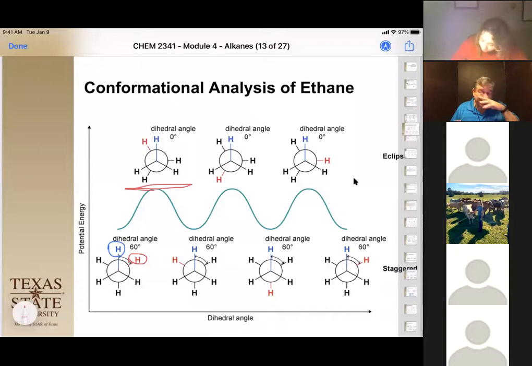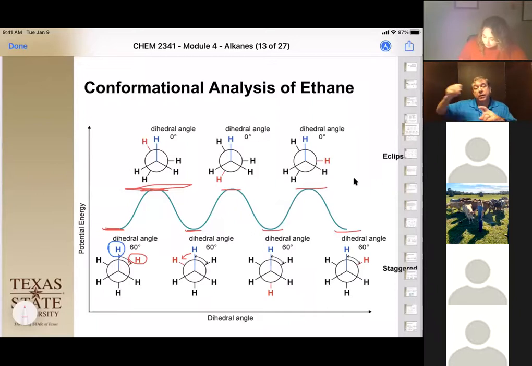And notice that change in potential energy. We went from the lowest possible potential energy to a high point, a high potential energy. Now, if we keep rotating that hydrogen counterclockwise, we're going to get to the next staggered conformation and the energy drops again. And if we keep rotating that hydrogen, we're going to get to another eclipsed state, rotate it some more, another staggered state, rotate it some more, another eclipsed state, until we're finally back at the beginning.